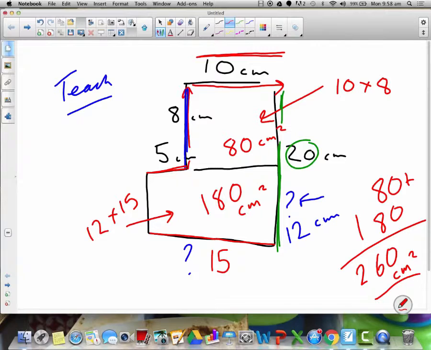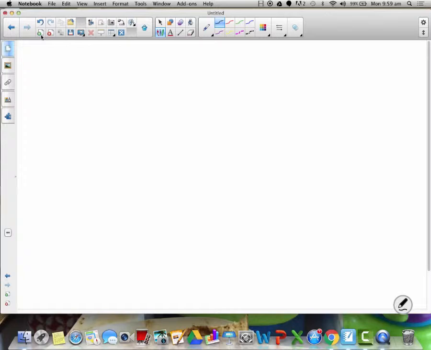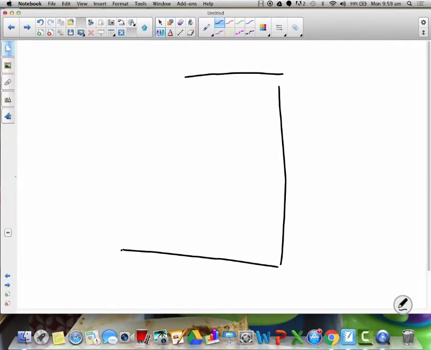We're now going to do one together, and you're going to help me. So let's draw a new one up and do exactly the same sort of shape. Just going to switch out the numbers. Going to make this 14 centimeters.